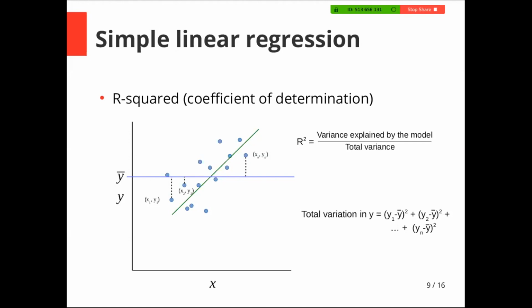So what is the significance of R squared? When we do linear regression, we try to find out the effect of x on y. So because of the linear relationship between these two variables, how much variation in y is explained by the variable x?